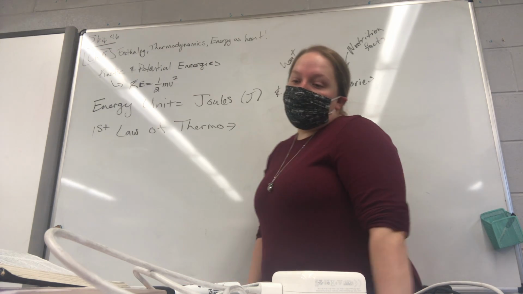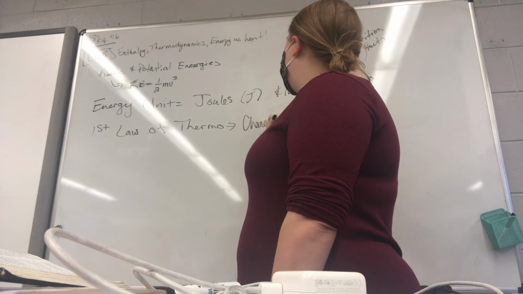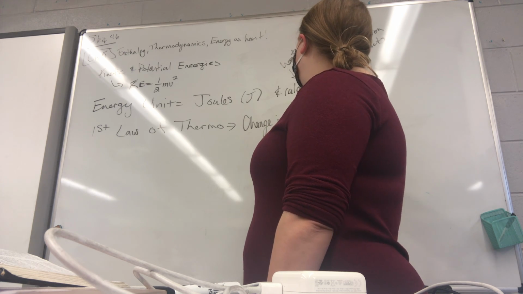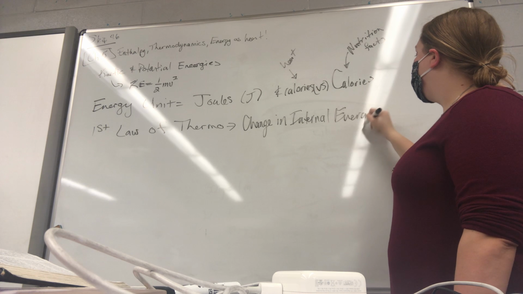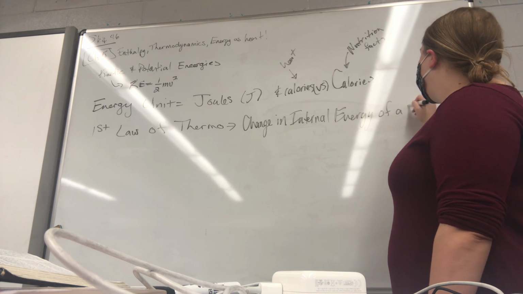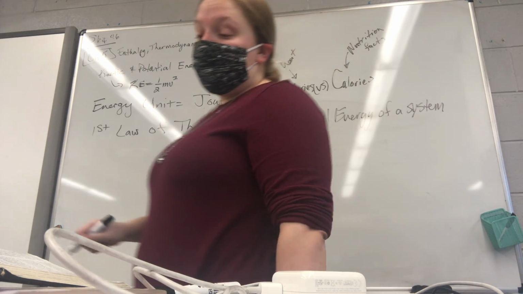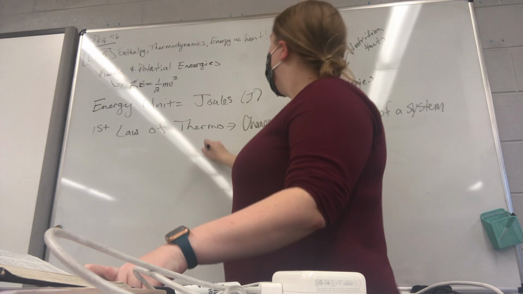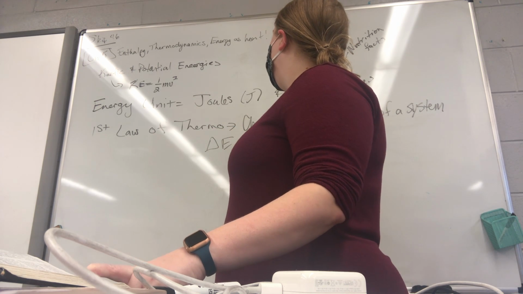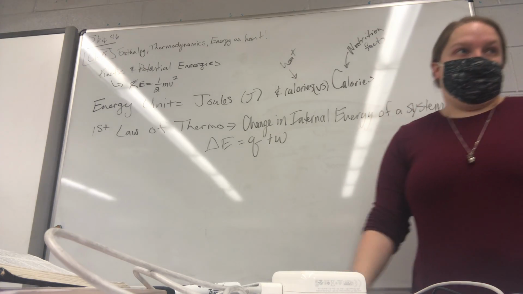That first law talked about change in internal energy of a system. This one basically stated, for our purposes, that change in energy would be directly related to heat and work.